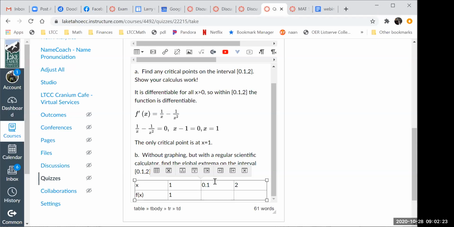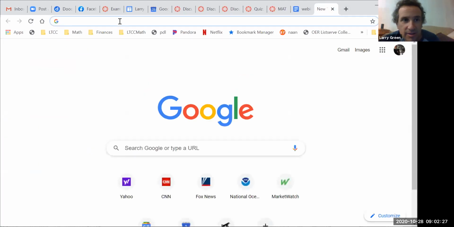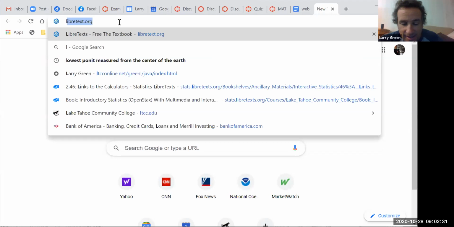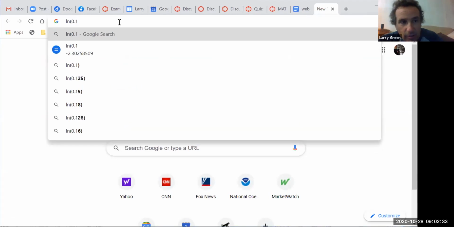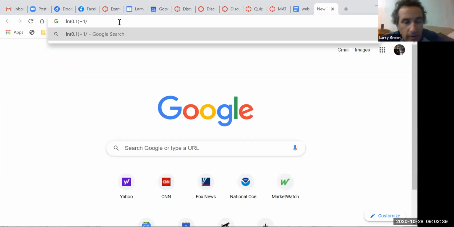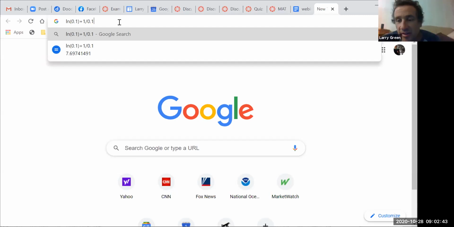0.1, I need the scientific calculator. That's why I told you. So I'm going to use the Google toolbar, and take ln of 0.1, and then plus 1 over 0.1. Any questions on that? And I get about 7.7.